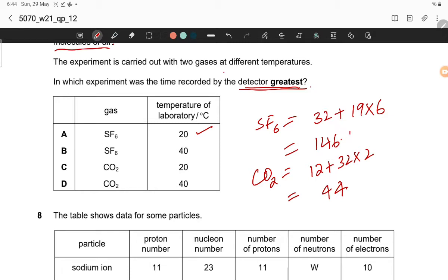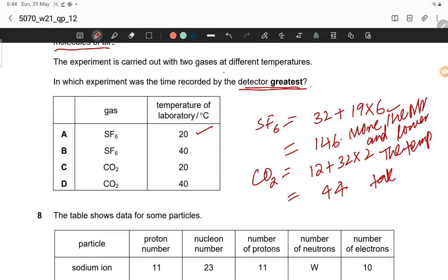The more the Mr and the lower the temperature, the more time taken to diffuse.